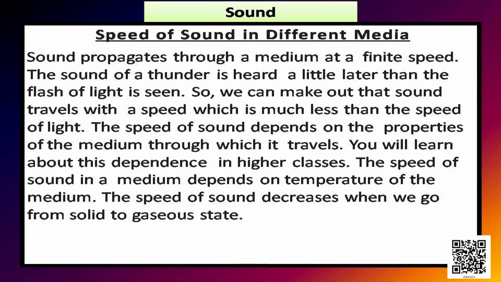Students, let us now discuss the speed of sound in different media. Sound propagates through a medium at a finite speed. The sound of thunder is heard a little later than the flash of light is seen. So we can make out that sound travels with a speed much less than the speed of light.